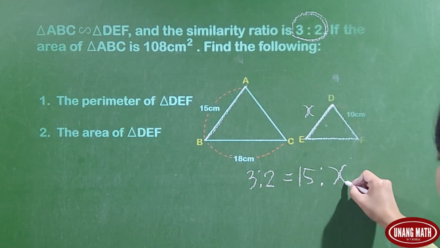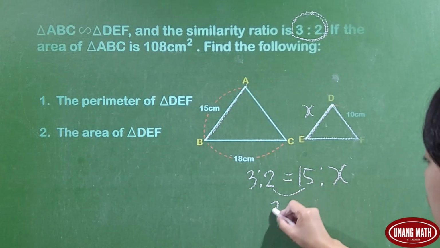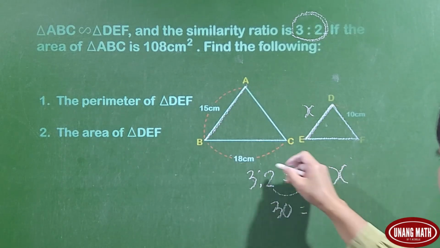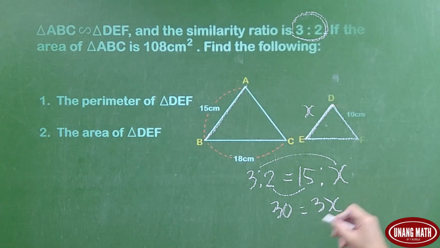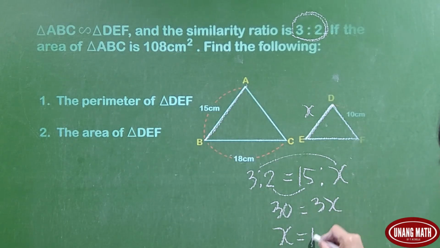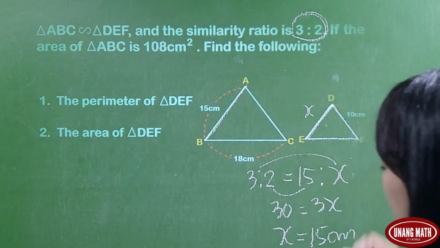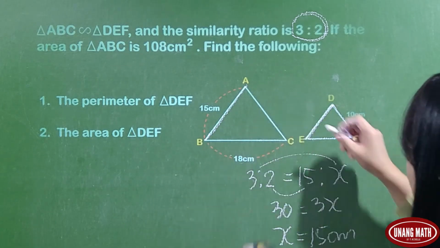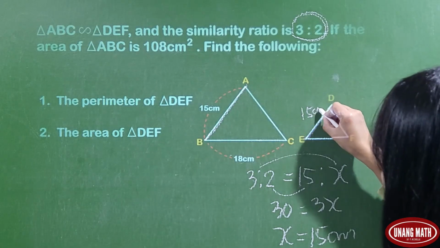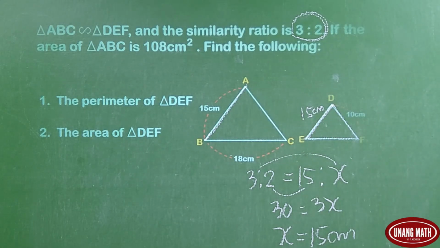So 2 times 15, that would be 30. So this is now 3x. So it means x is equal to 10. So it's 15 centimeters. So this side is 15 centimeters.